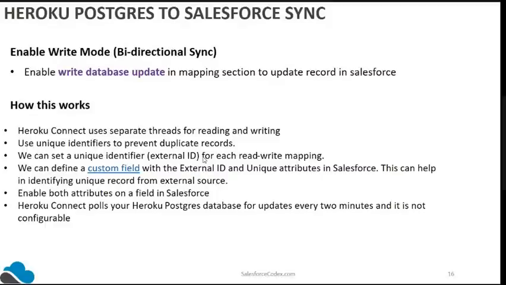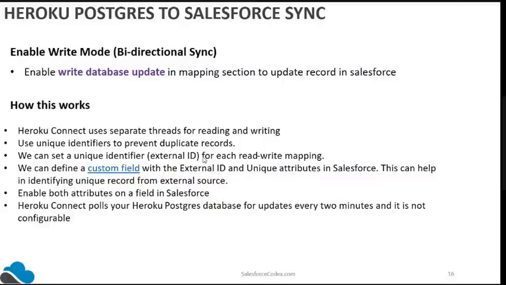We can set these 2 attributes: one is the external ID and one is the unique attribute. These two attributes help the Salesforce system identify whether a record is coming from an external system or is a Salesforce-created record. So using those two fields, it can identify.